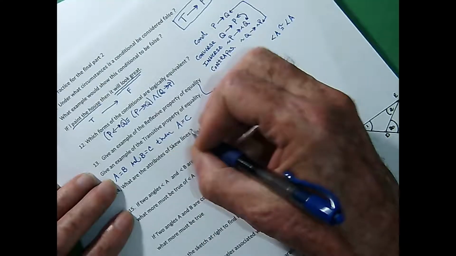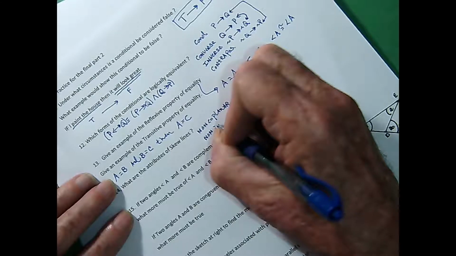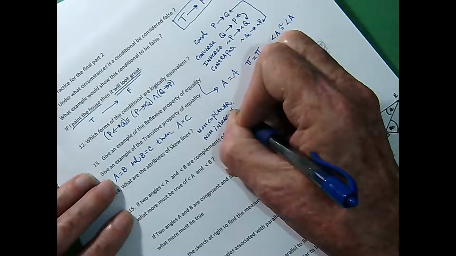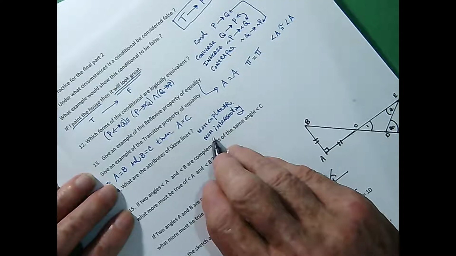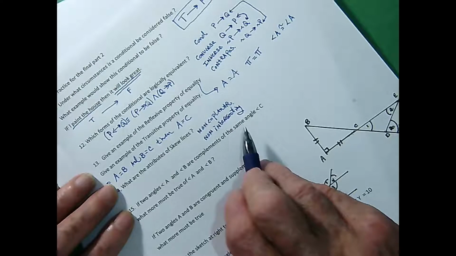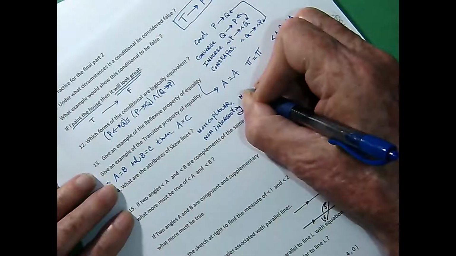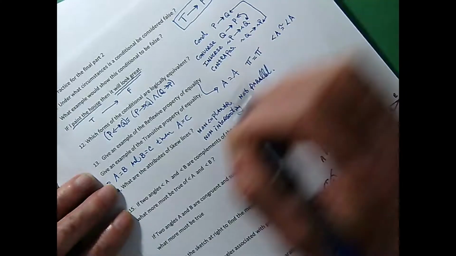They must be non-intersecting. Could they be parallel? No, because if they're parallel, they would be coplanar. They are not parallel. And if you know all those things about some lines, they must be skew.